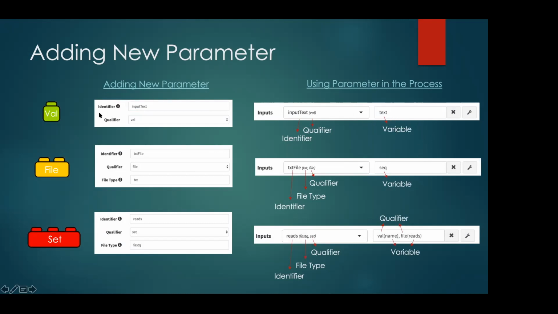So the value that we are transferring is sent to some kind of variable, and we are using this variable inside our script. Actually, in the next slide it's going to be much clearer, but for comparison, I'm going to go through these file blocks as well. So again, I define only one variable over here, but for the set, for example, I define two different variables. Since I'm expecting one val variable and one file variable, I can define this like this.